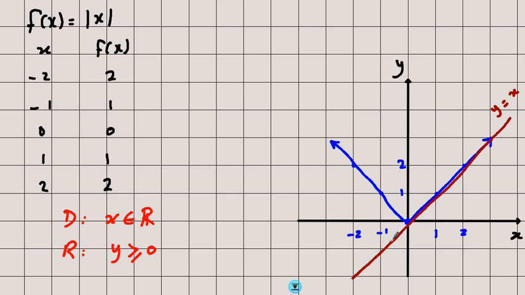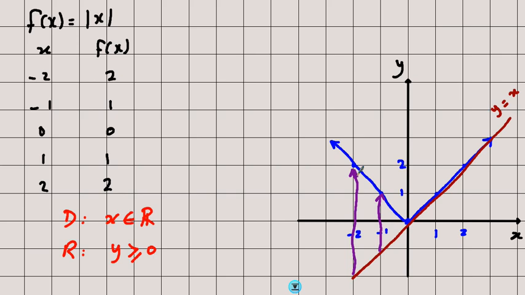So those values are reflected in the y-axis such that this point goes to this point, to its absolute value. At negative 1, it goes to 1. And this point, which was at y equals negative 2, is reflected to this part at 2.